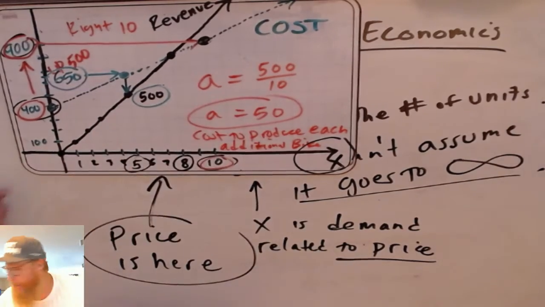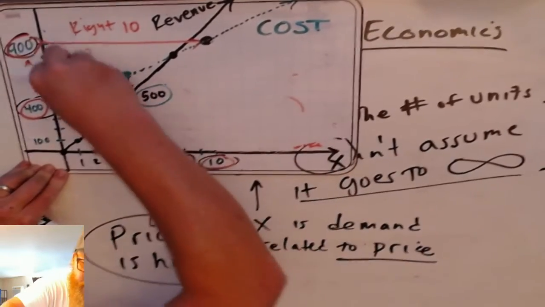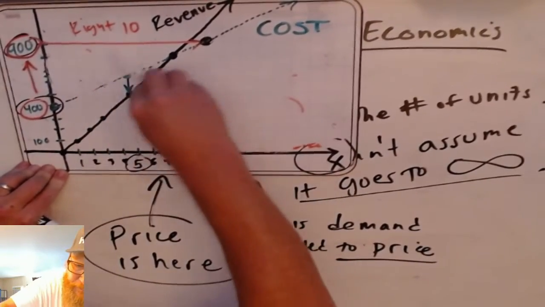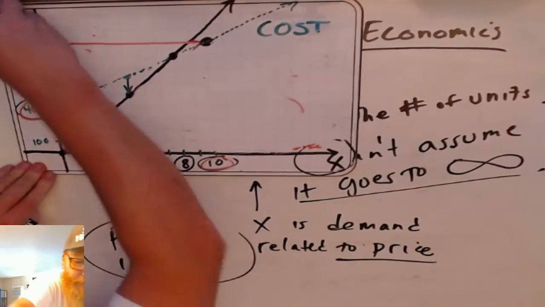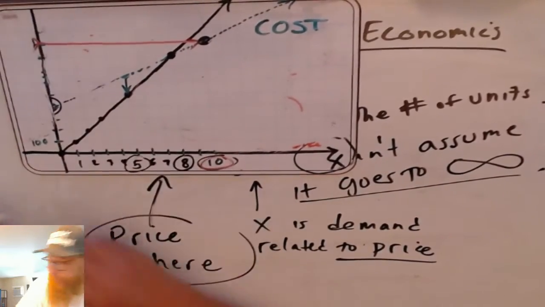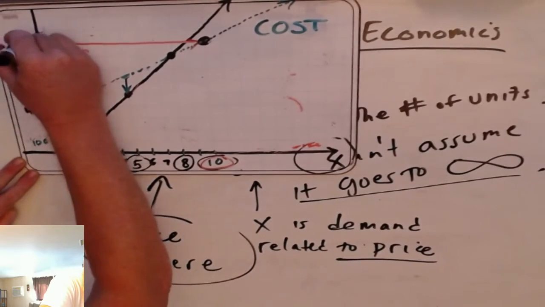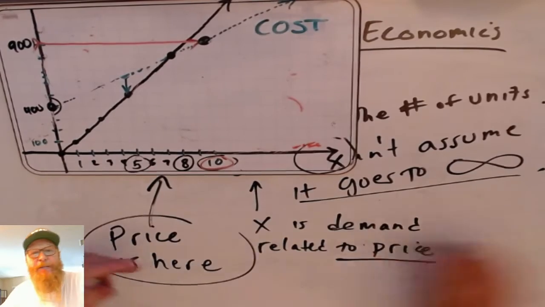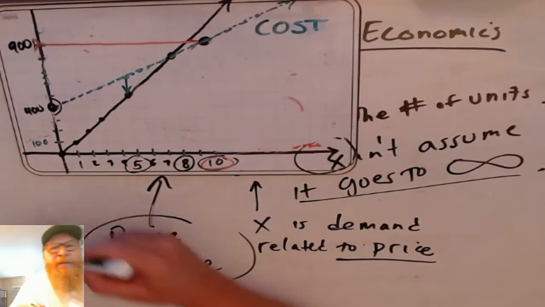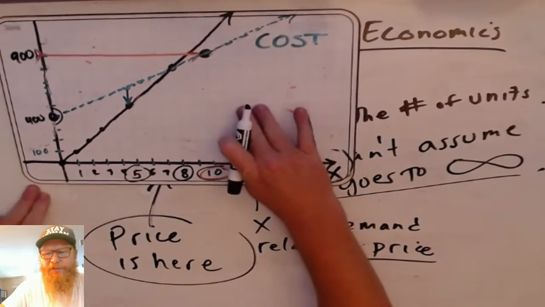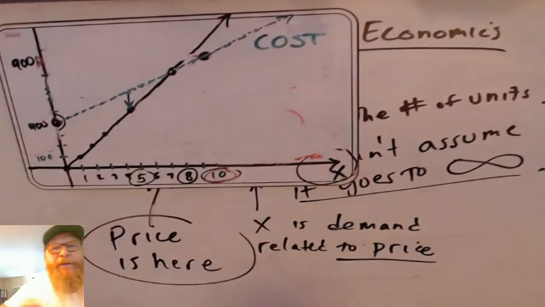Maybe I can erase some of this messy stuff, and maybe it'll make it easier for you to see it. All right, so suppose you just have this graph here. What was that? 400, and then 500, or 900, and so on and so forth. Now it's a little bit easier to see. All right, so this was your cost, and this was your break-even point, and I'm just going to erase that red line because that's not really there.